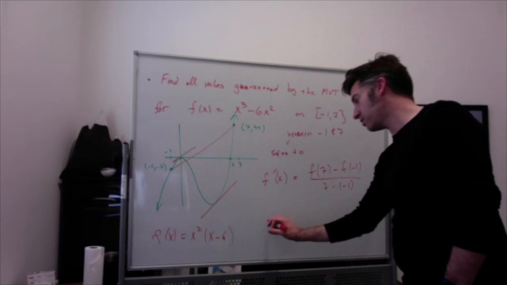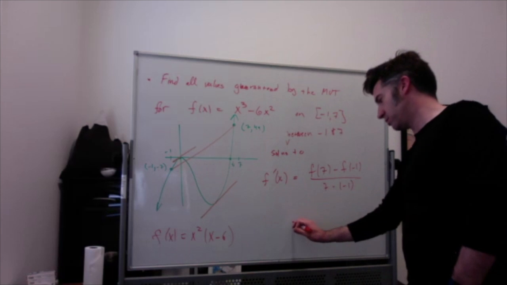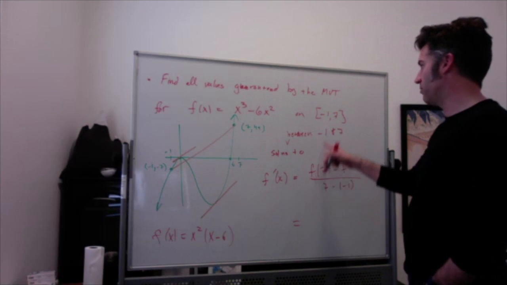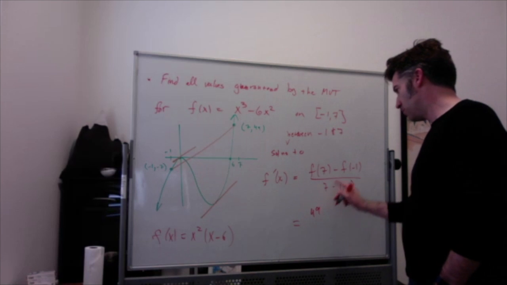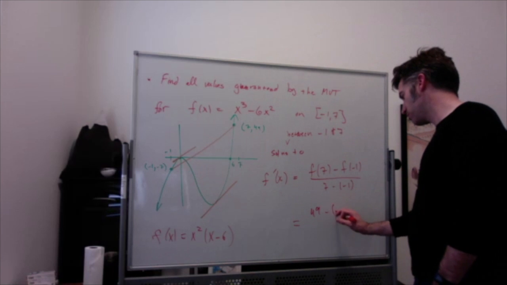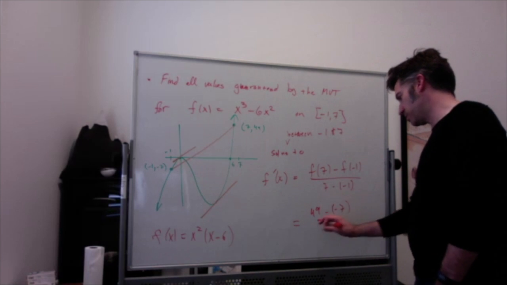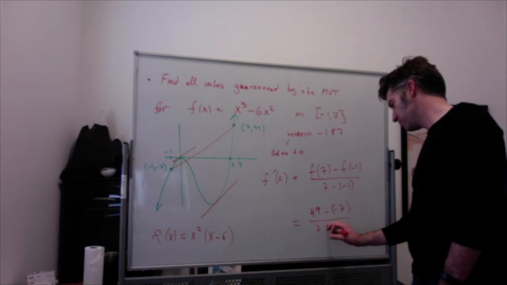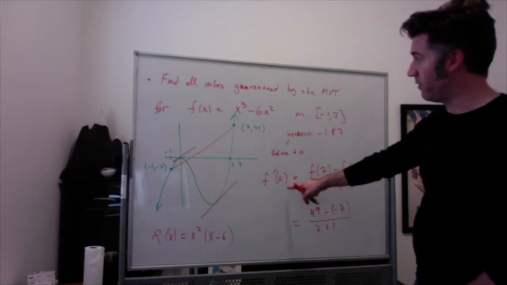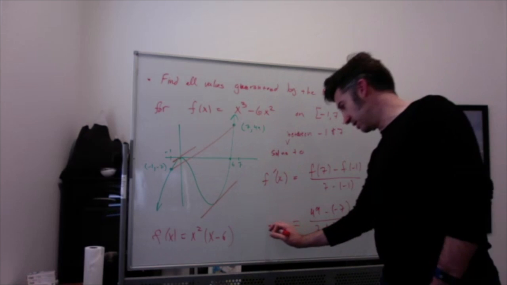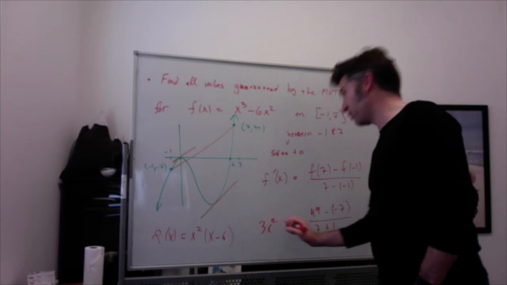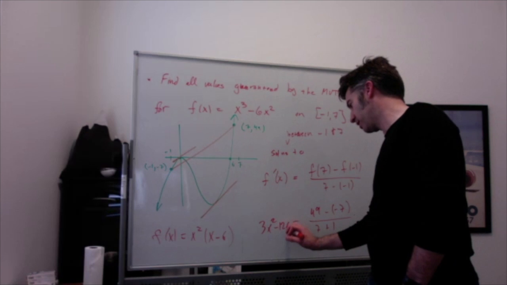So I'm trying to solve f prime of x, which I'll do in a minute, equal to f of 7, which is 49, minus -7 over 7 plus 1. And my derivative here, my f prime of x, is 3x squared minus 12x.